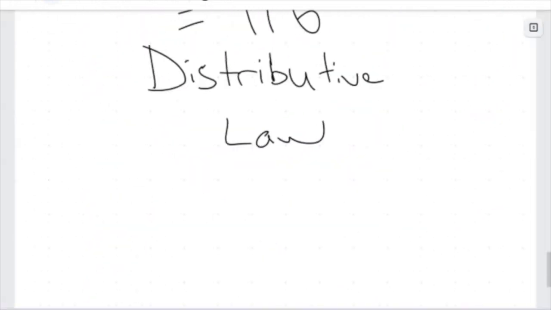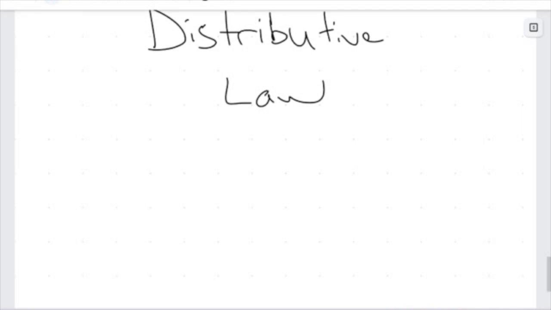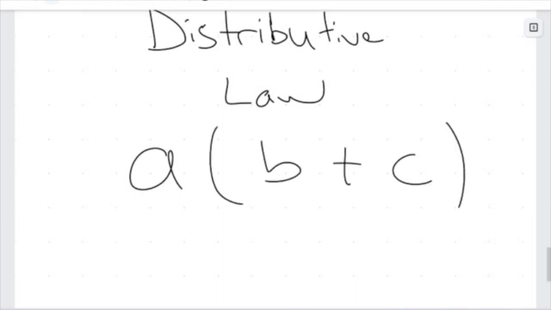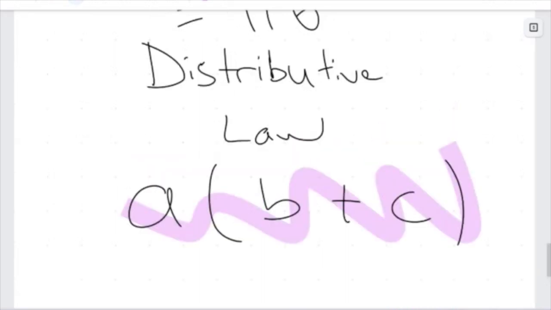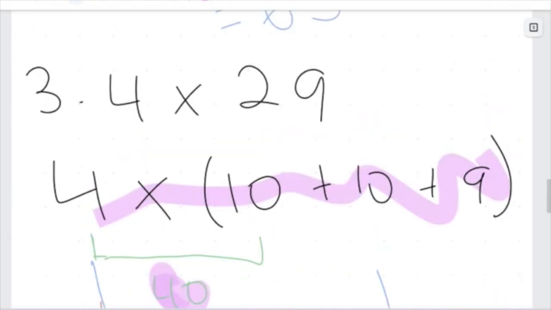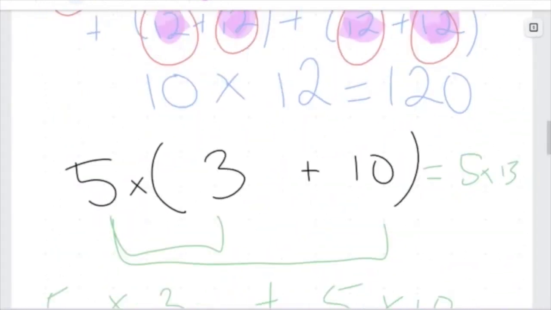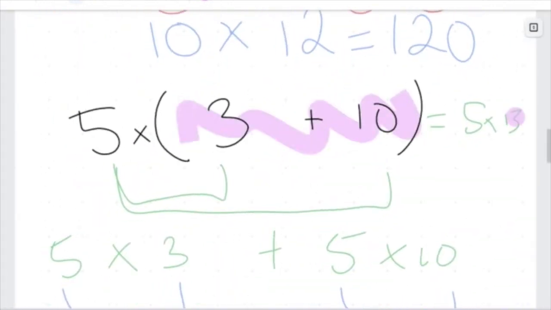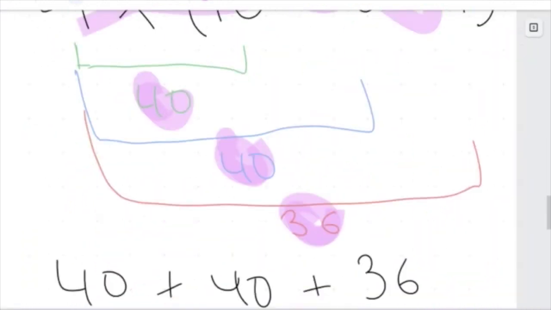So the distributive law, I talked about this in another video, but I'll just define this one more time. Anytime we have a number multiplying by a sum of other numbers, this step here is what we got up here, as well as up here, when we broke up the 13 into an addition of two numbers.